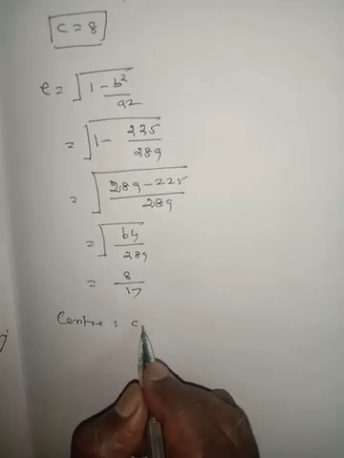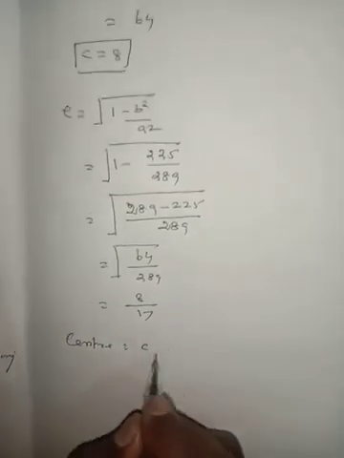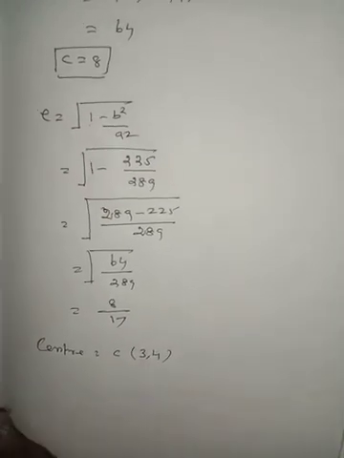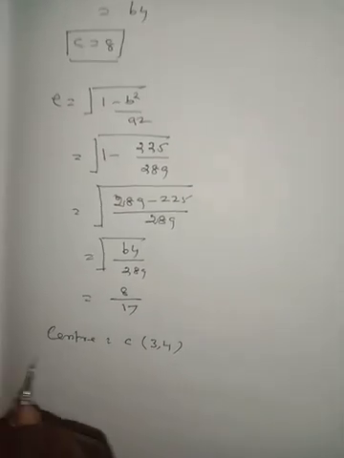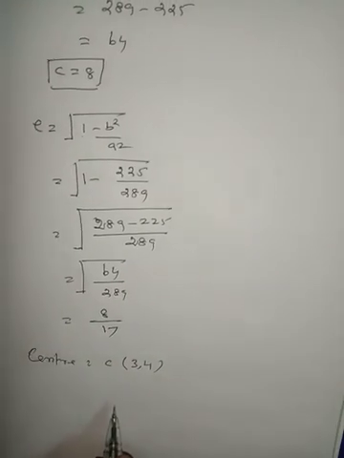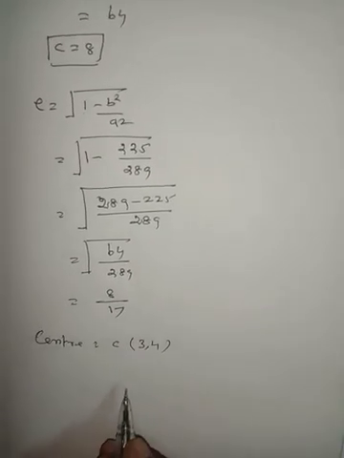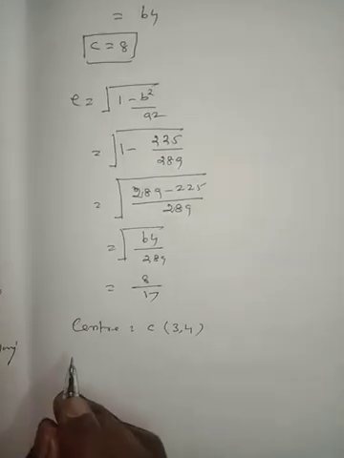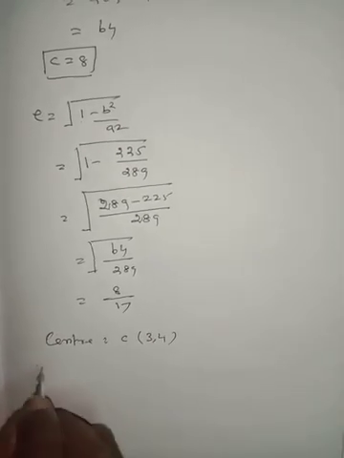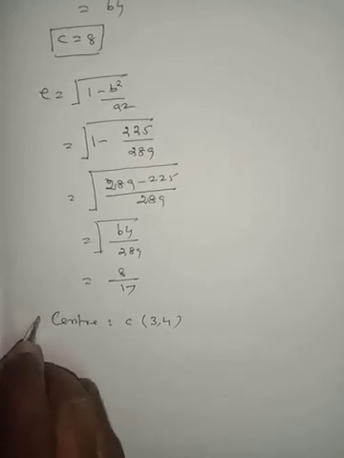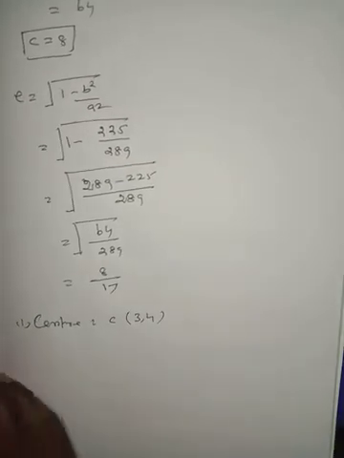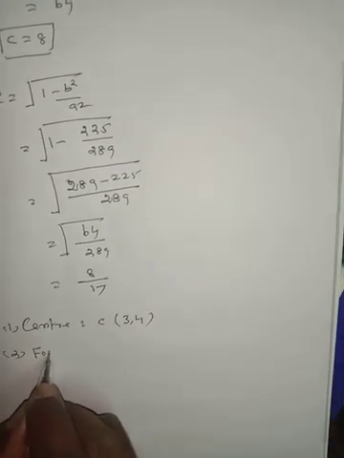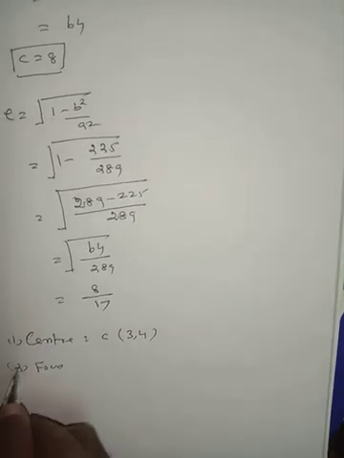Now, first the center. Center C is (3, 4), which is (h, k). Next, the focus, subdivision number 2.